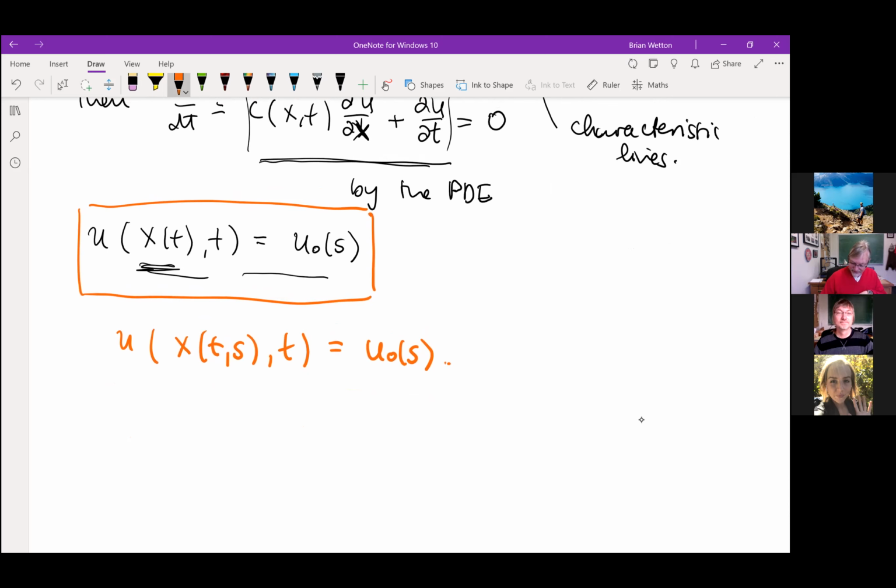And this is the form that comes out. And I've got some examples to show you coming up, of course. This is the form that comes from that technique, and it is an implicit form.